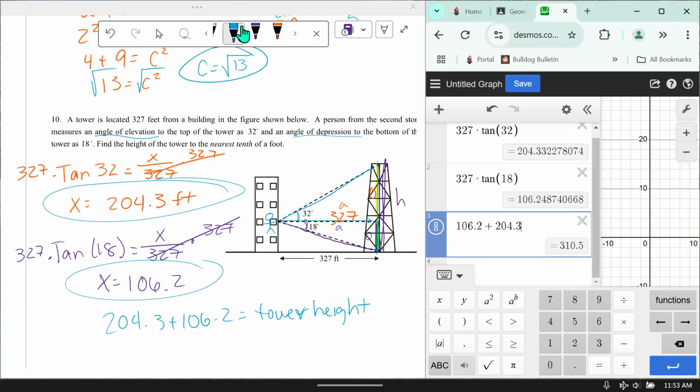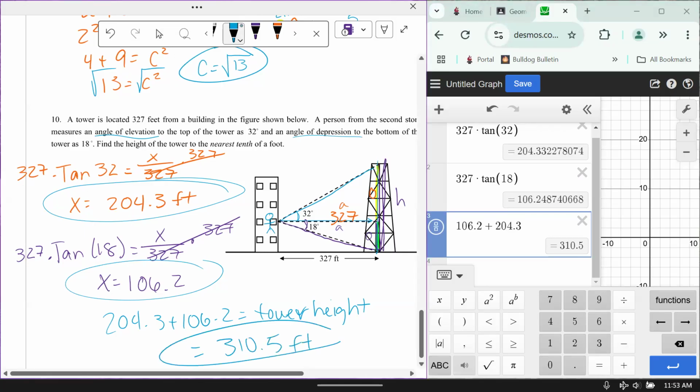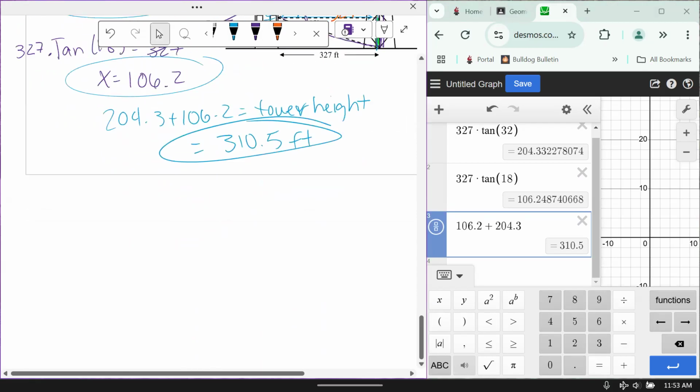If your answers on the test aren't matching up, I would go back and plug in the full number and the full number, add them together, and then round. It may just change your decimal by a smidge. Okay, so our tower height equals 310.5 feet.